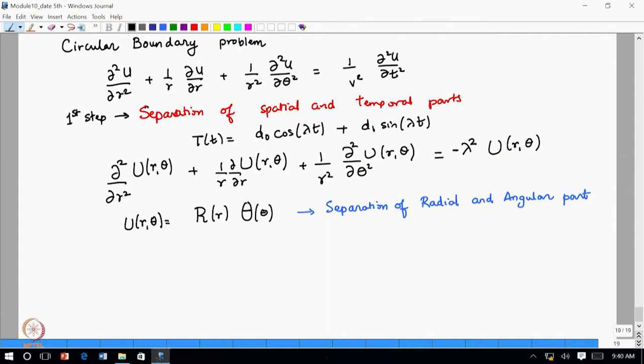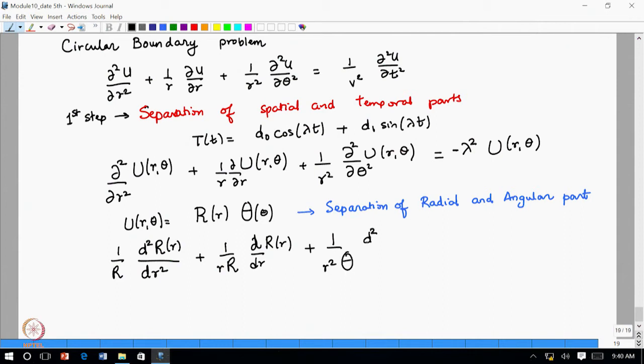If I substitute and divide by R times Theta, what I will get is d square R of r by d r square into 1 by R plus 1 by r R d by dr of R plus 1 by r square Theta d square by d theta square of Theta is equal to minus lambda square.